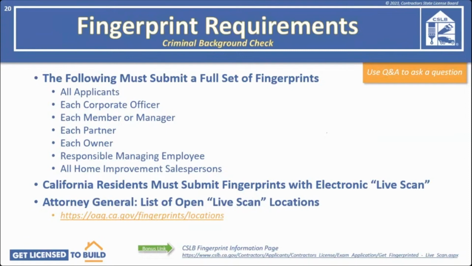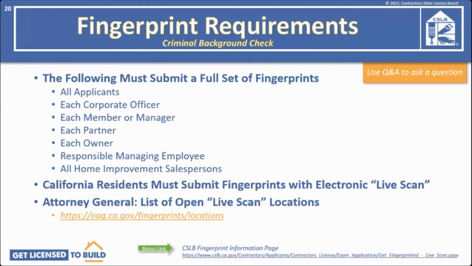Next, let's take a closer look at our fingerprint requirements, which are used for a criminal background check. This is a list of those who must submit a full set of fingerprints to CSLB, depending on the type of business entity. All applicants, each corporate officer, each member or manager, each partner, each owner, the responsible managing employee, all home improvement salespersons.